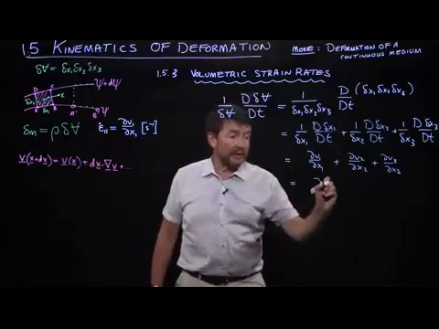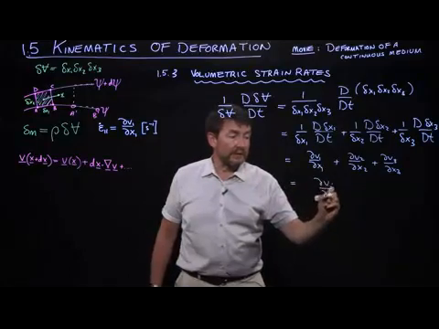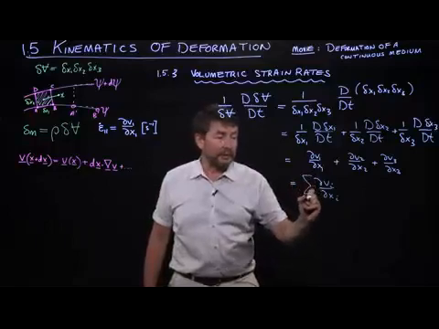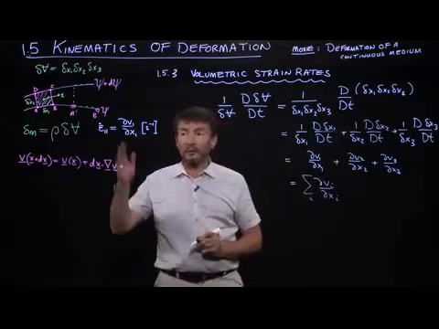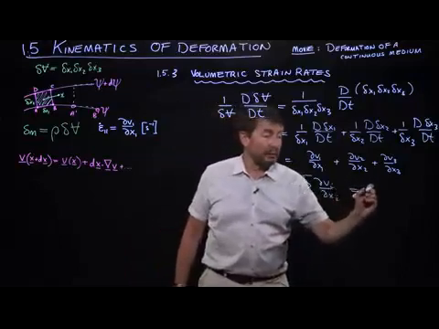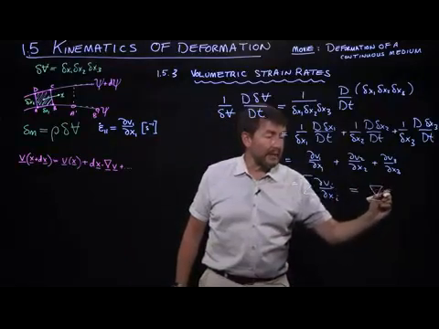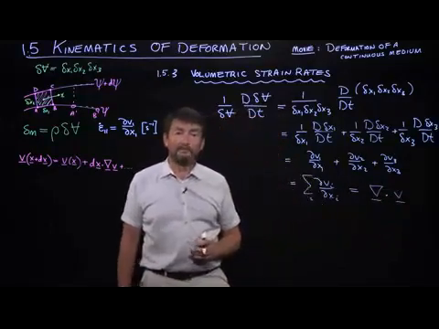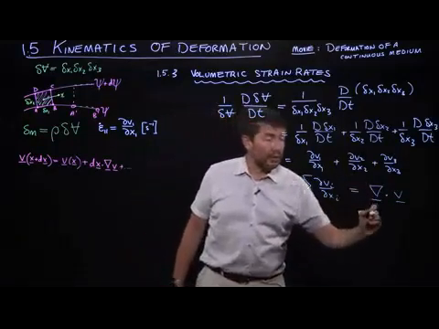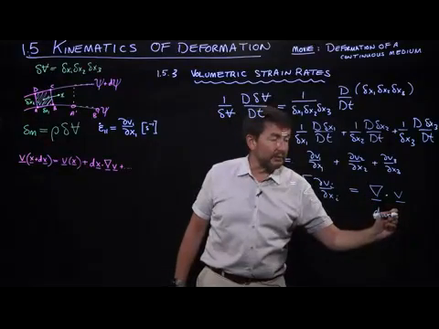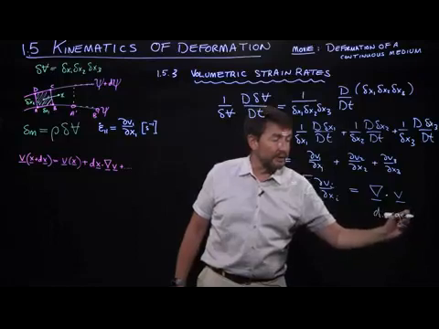We could certainly write that in terms of Einstein's summation convention that way, or if we wanted to be explicit, we could put a sum in here. So unlike before, we're now adding all components up at the same time, and so we can also write that even simpler as the divergence of the velocity field. And so in words, this says that our volumetric rate of change is associated with the divergence of V.